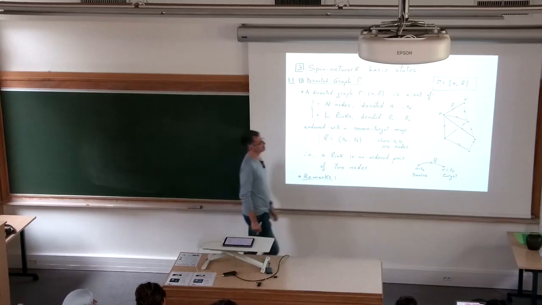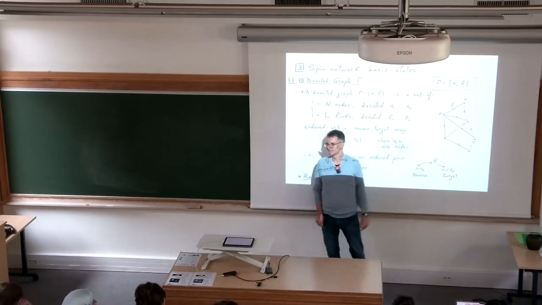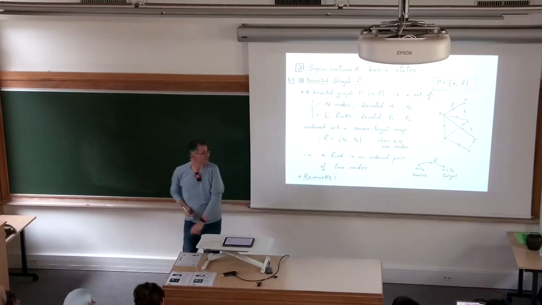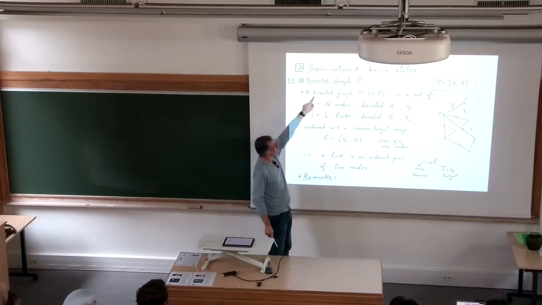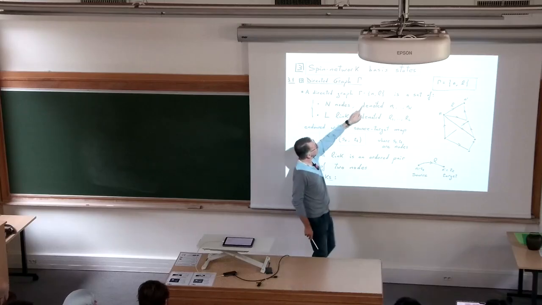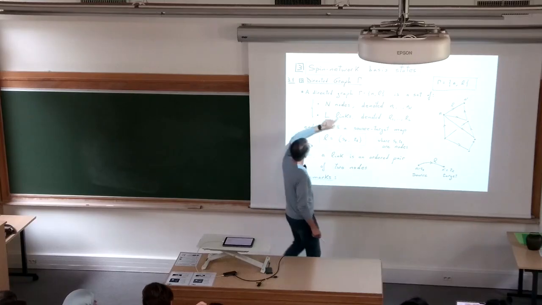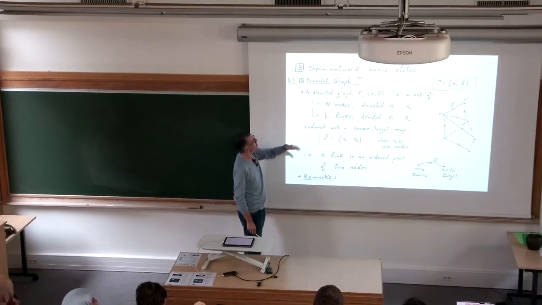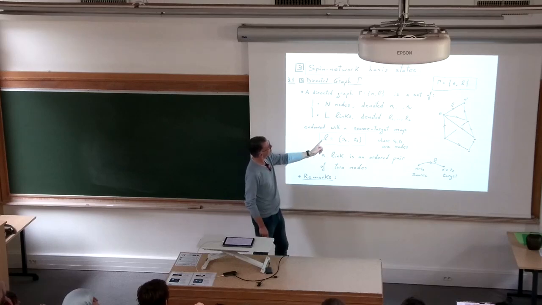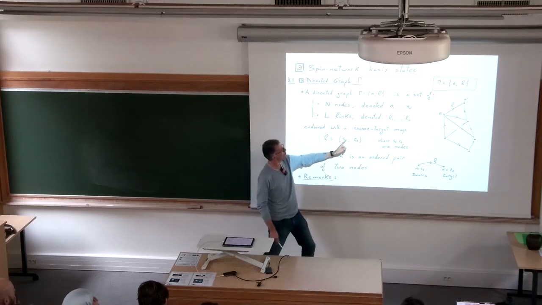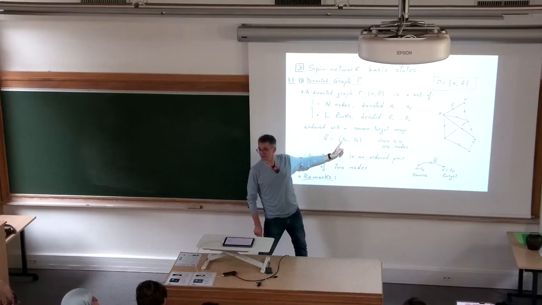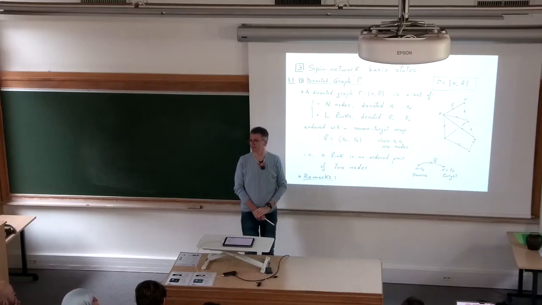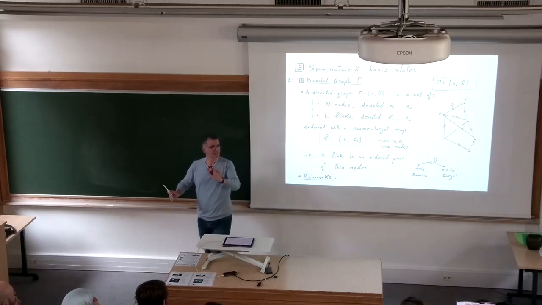So this is a graph. I need a bit of names. I want a directed graph. You can think of it as a set of nodes and links with properties. The properties are that links are a map from node to node. There's a source of the link and a target of the link. Okay? And by doing this, I have the graph.